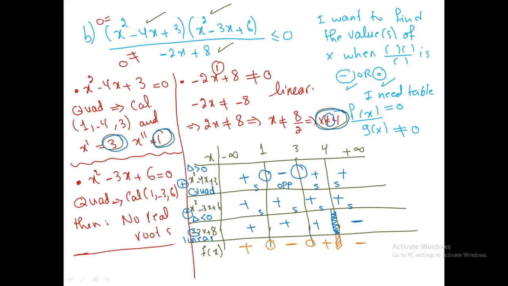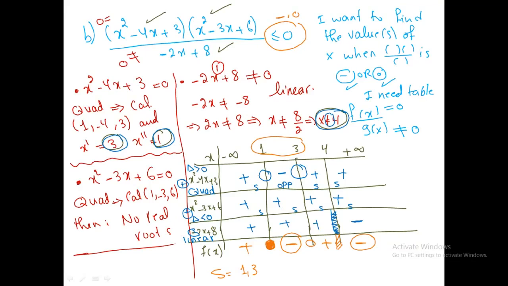Now I want the sign which is negative or 0. Where is the negative sign? We have this, the negative, and this, the negative. The solution is x belongs to, the first negative sign, from 1 to 3. At 1 we have 0.